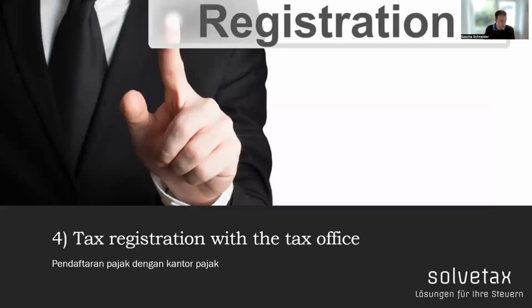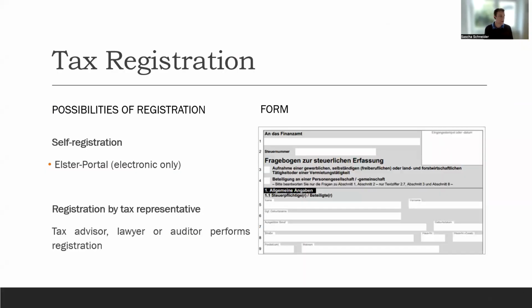Okay, and after the registration to the commercial register and so on, in the last step you need to register yourself to the financial office. They still got the information that you opened a business, but they don't have any information about who the owner is, how much you expect to earn, how much the revenue will be, and so on.